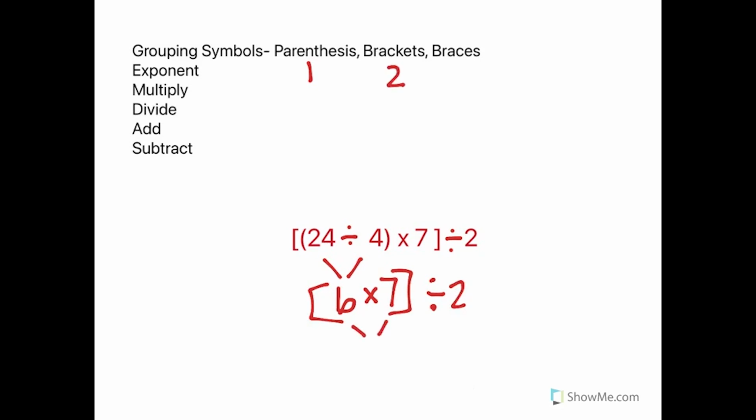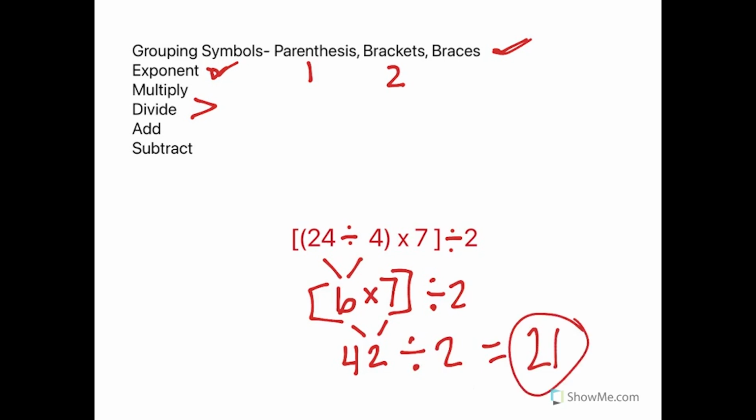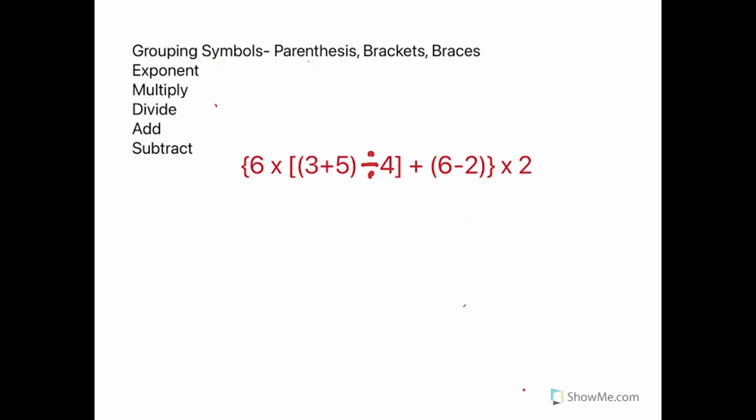So 6 times 7 is 42. And then there's no braces or exponents. There is a multiply or divide. So we're going to do that. 42 divided by 2, and that is 21.